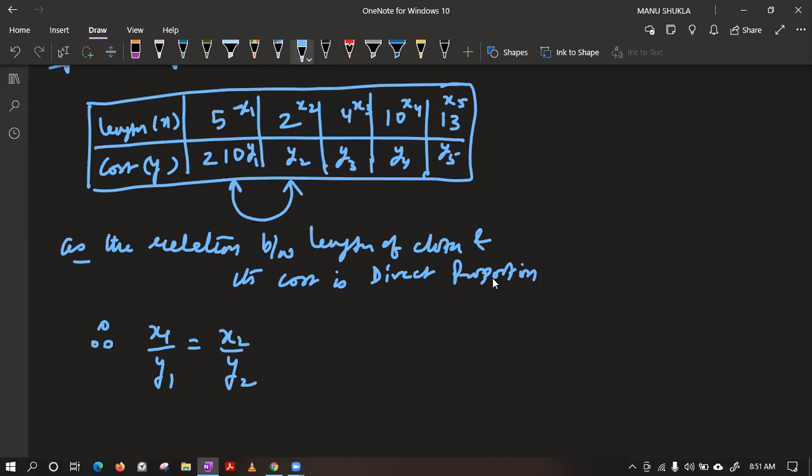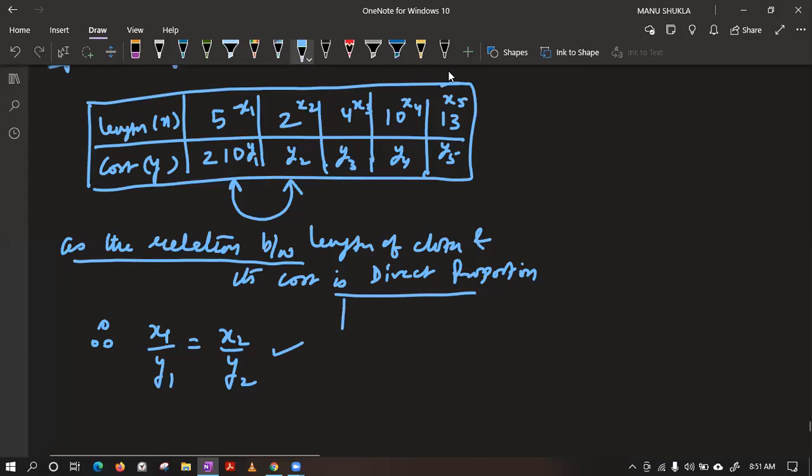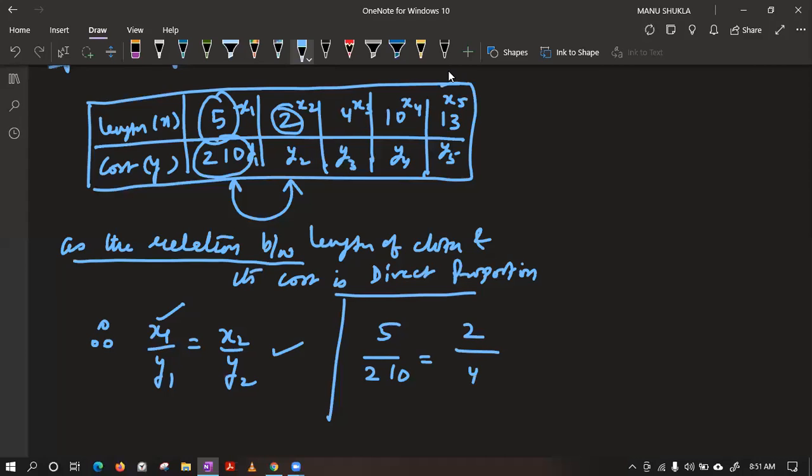Because the relation is direct proportion, this formula will follow. Now putting the values: x1 is 5, y1 is 210, equal to x2 is 2 and y2 only, because y2 is unknown. So by this we can find the value of y2.